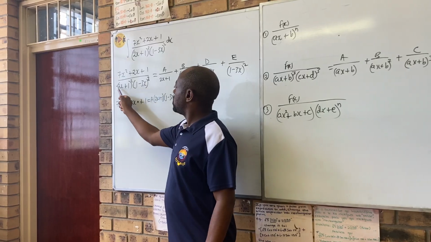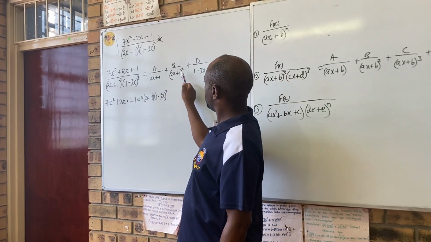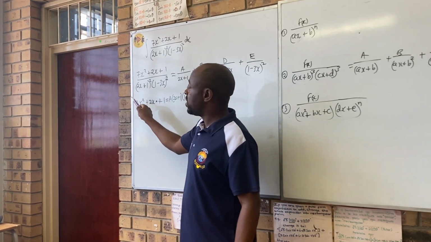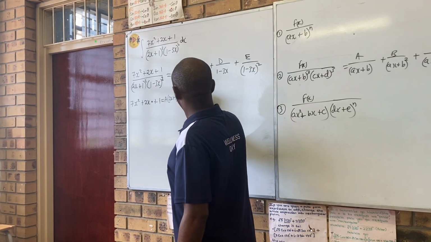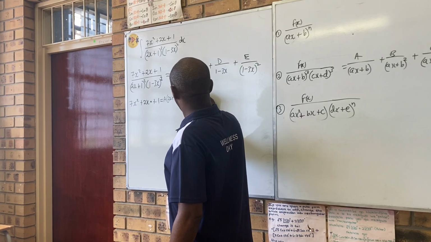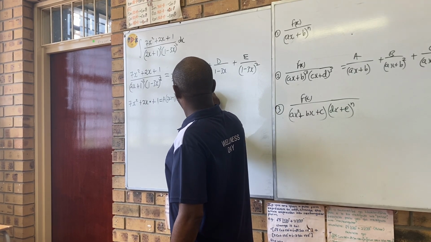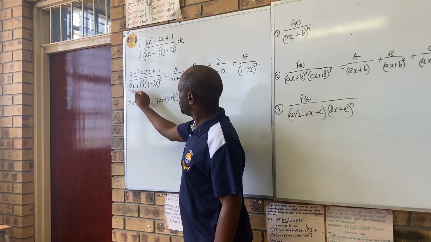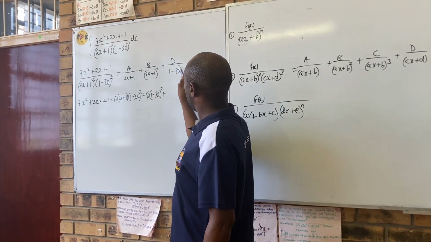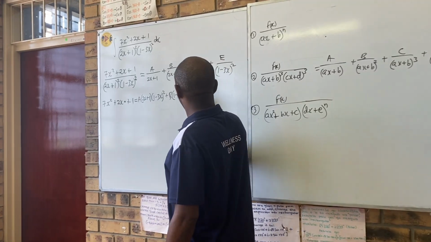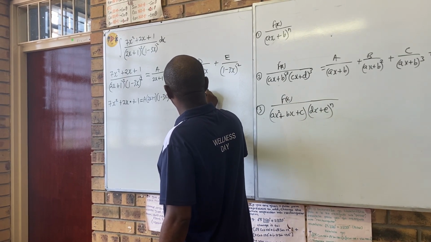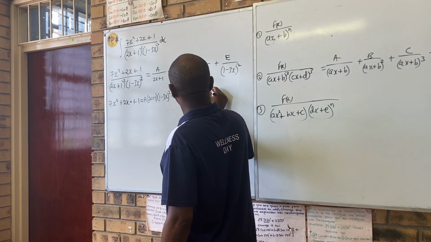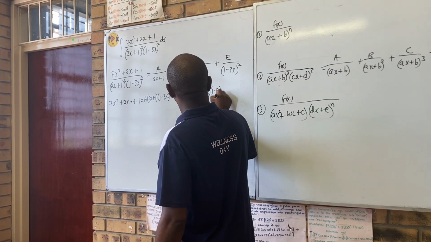Then I take the LCD and divide by the second denominator. (2x plus 1) all squared takes care of that completely, so I'm only left with B into (1 minus 3x) all squared. Then plus, I divide by (1 minus 3x): it takes care of one of those, so I get D into (1 plus 2x) all squared into (1 minus 3x).